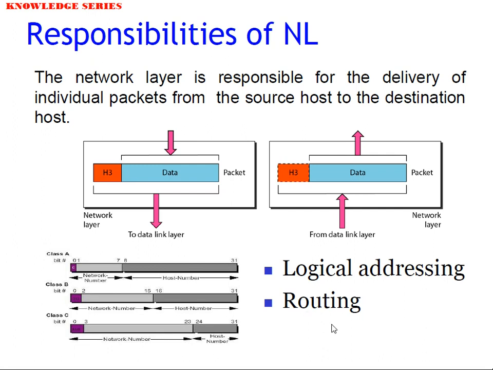Now routing. What is routing? Routing means showing the route. The network layer always ensures the best route for the packet from the source to the destination using routing algorithms.